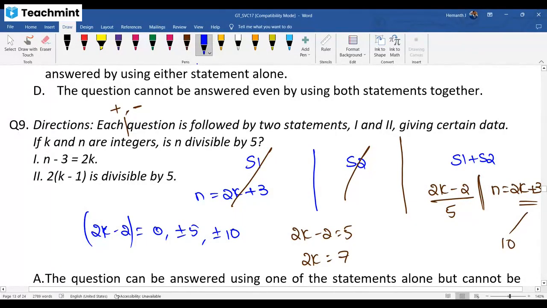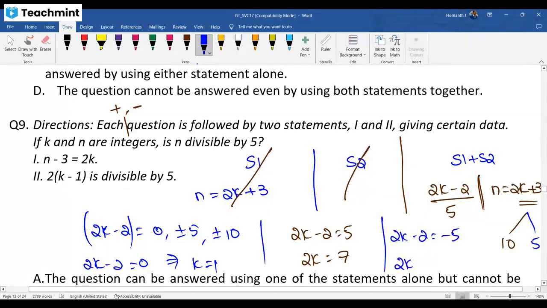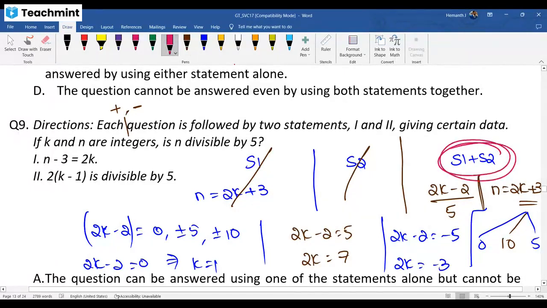Next, take the other one, 0. 2k minus 2 is 0 means k equals 1. When I put the k value, n is 5, correct. Then I try for minus also. 2k minus 2 is minus 5, so I got 2k as minus 3. Minus 3 plus 3 is 0, and 0 is divisible by 5. So together I can answer that n is divisible by 5.